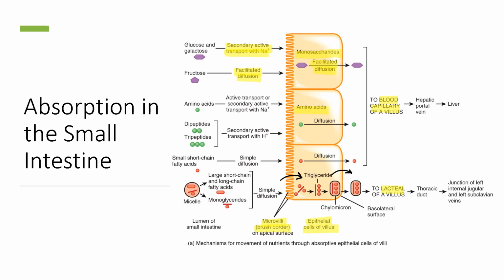Now, most are going to be absorbed as amino acids by active transport or by secondary active transport. And this is going to happen mainly in the duodenum and jejunum.